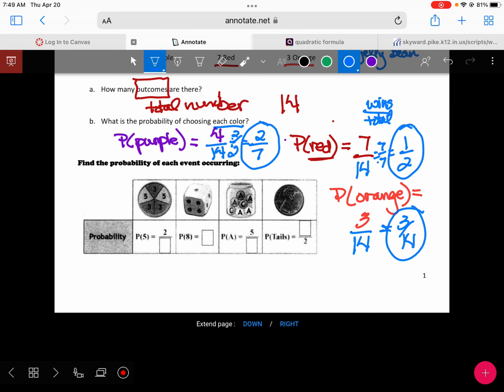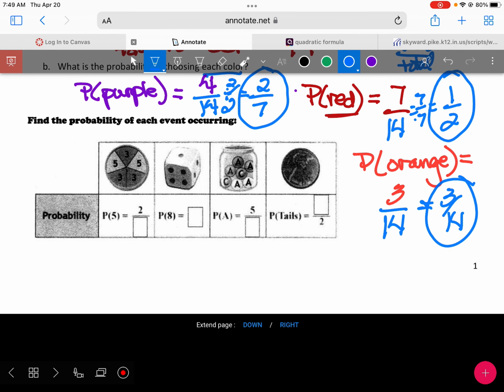What's the probability of getting a 5? They say it is 2 over, what's that bottom number? What should that be? Over 5, yeah, because I have 5 total spaces. And I have 2 of them that are 5s, okay?